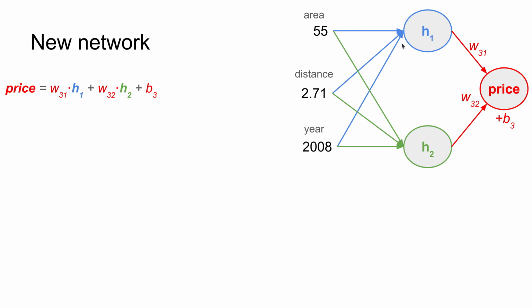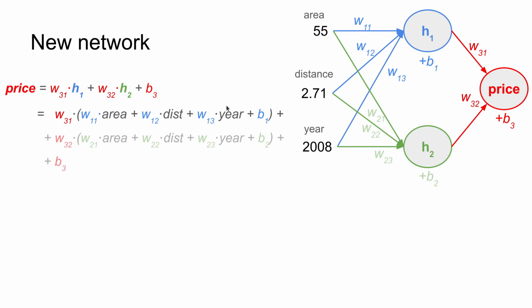Now let's look a little bit at the formulas. So we have the first weight times the first input plus the second weight times the second input plus the bias. And we know H1 is just this sum, like we had previously.